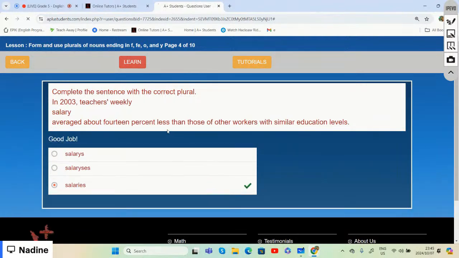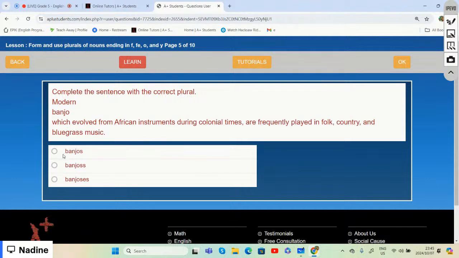Well done. All right, and the last one says modern banjo, which evolved from African instruments during colonial times, are frequently played in folk, country, and bluegrass music. Banjo, is it option one, banjos?